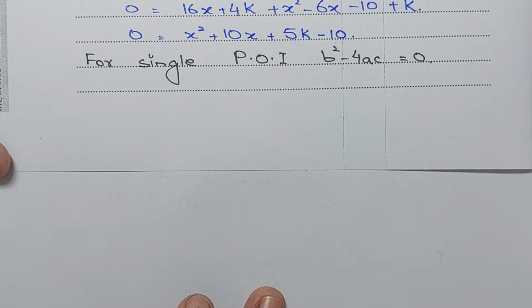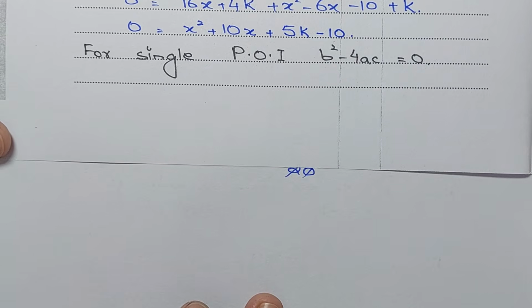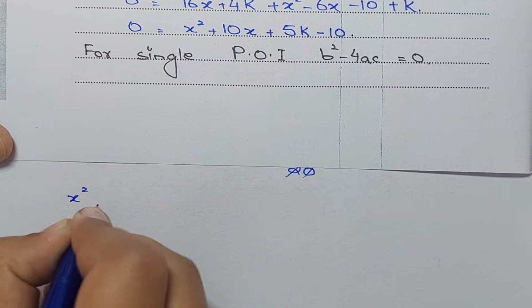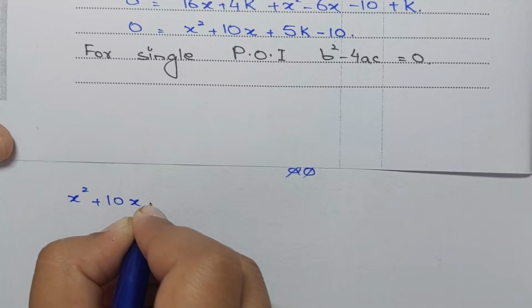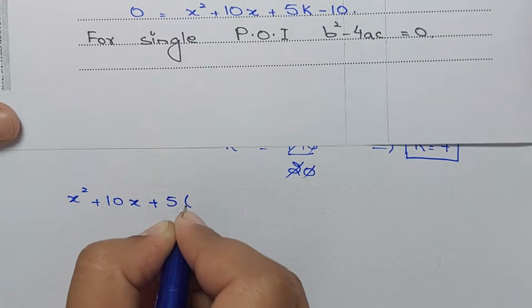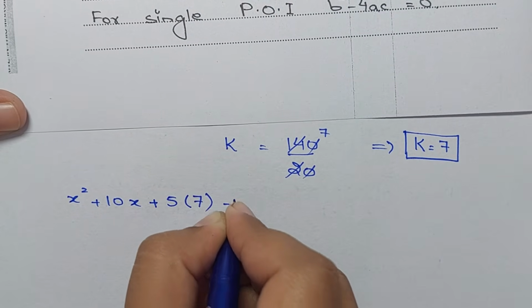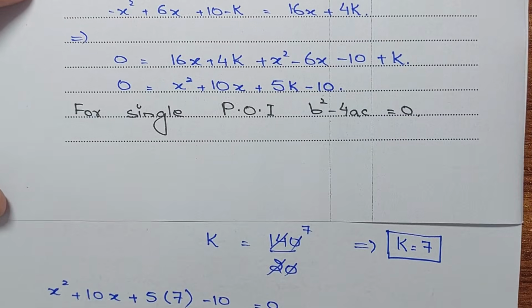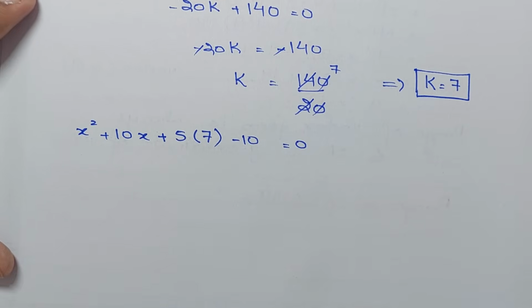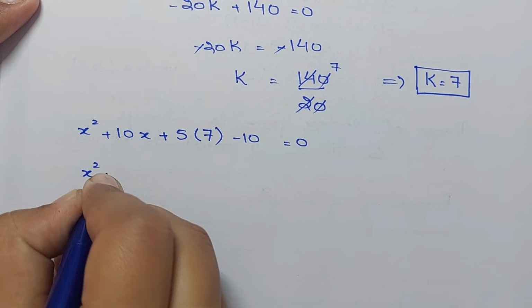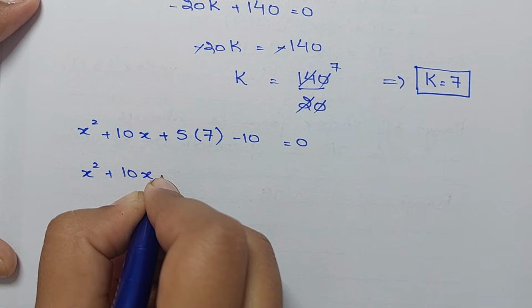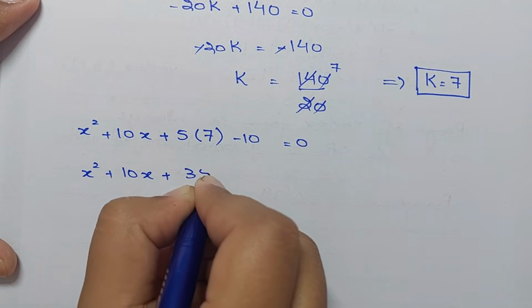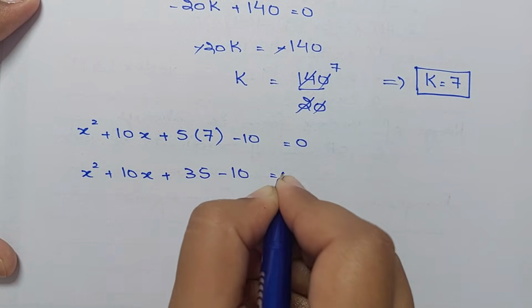Okay, now the k value is 7: x square plus 10x plus 5 into 7 minus 10, this is equal to 0. Okay, now find out the point of intersection. x square plus 10x plus 35 minus 10 equals 0.